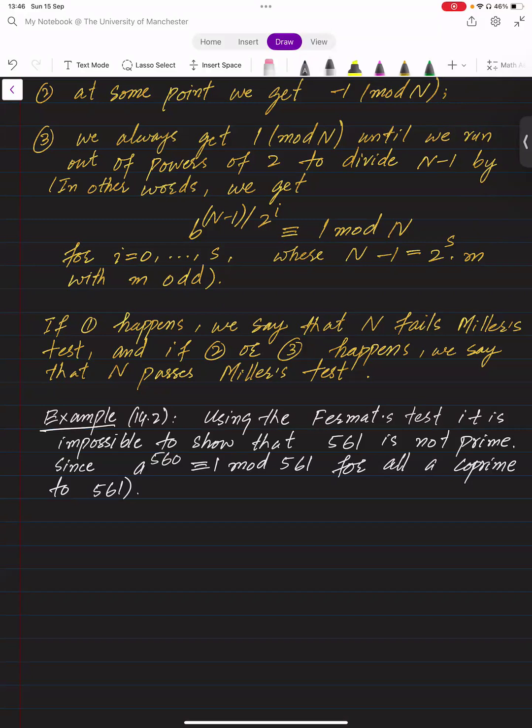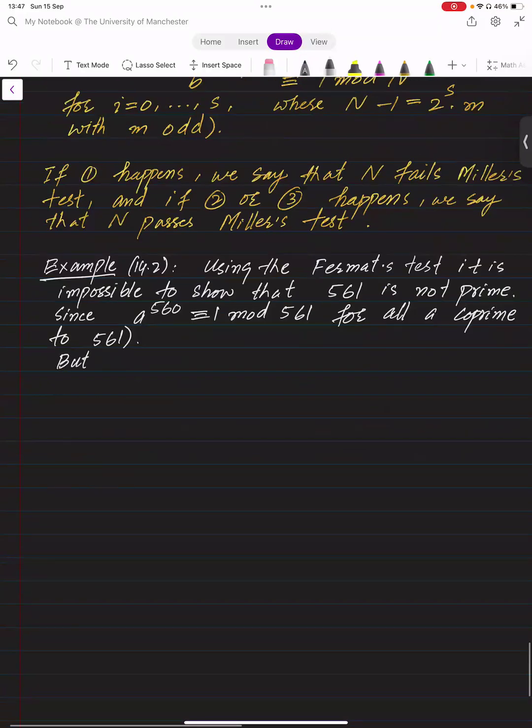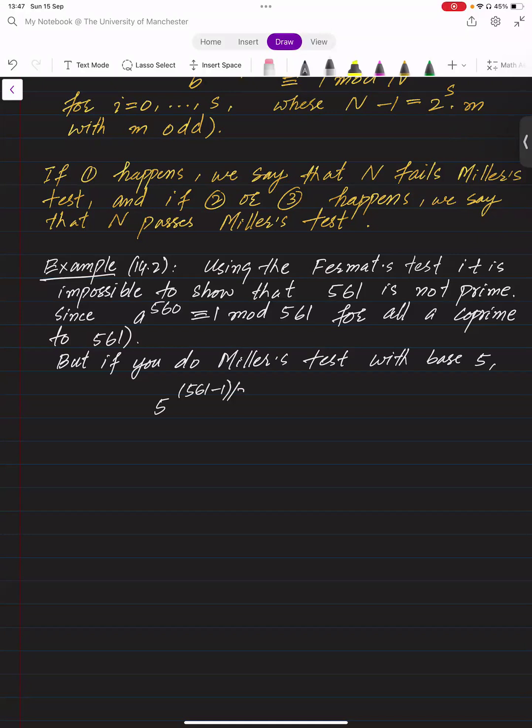But if you do Miller's test with base 5, you will find at the first step that 5 power (561 minus 1) over 2, which is 5 power 280, is congruent to 67 mod 561.